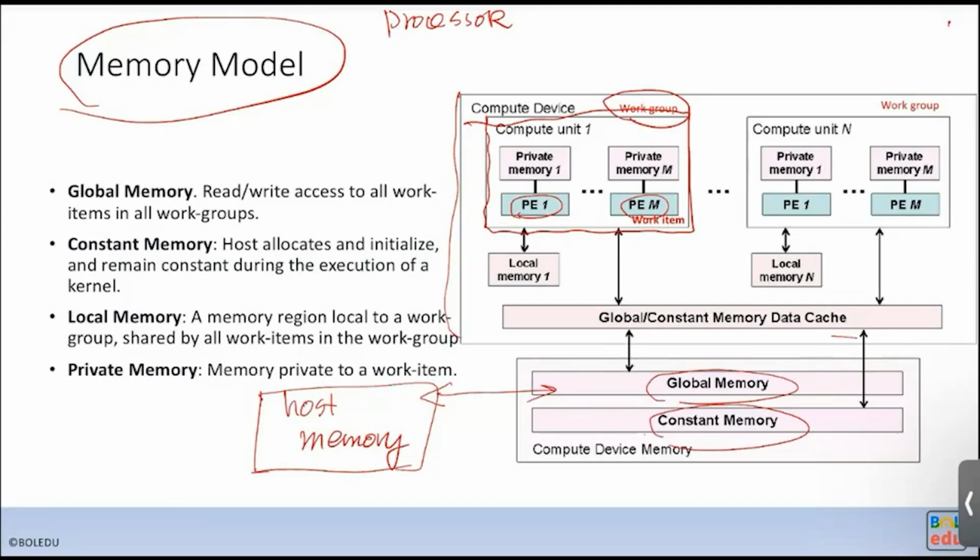A work group is a collection of CUs, compute units. You can think of the compute unit like a cluster of CPU cores. So you can think of this as a CPU.